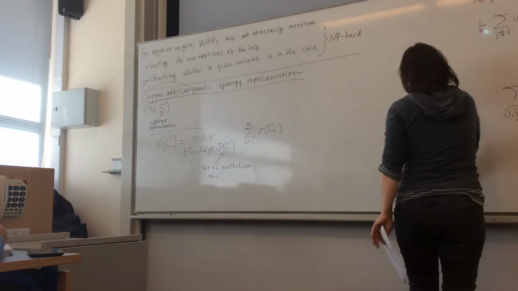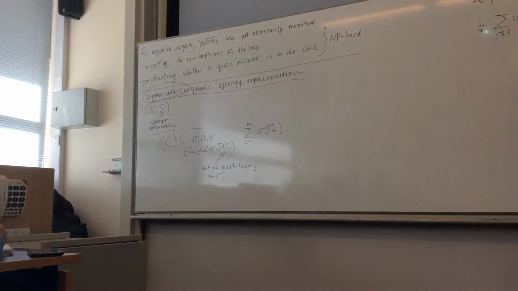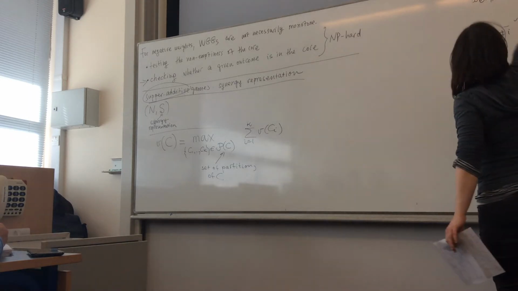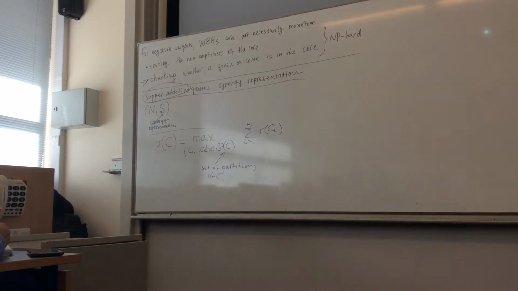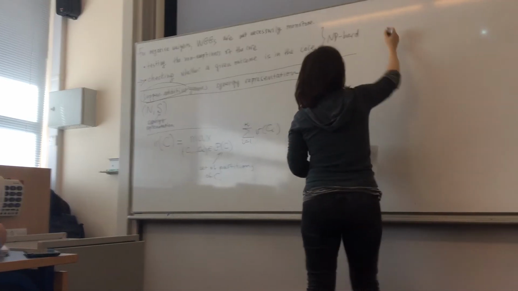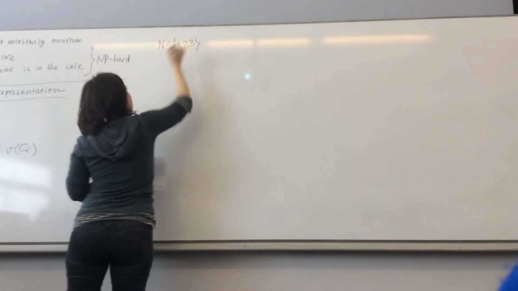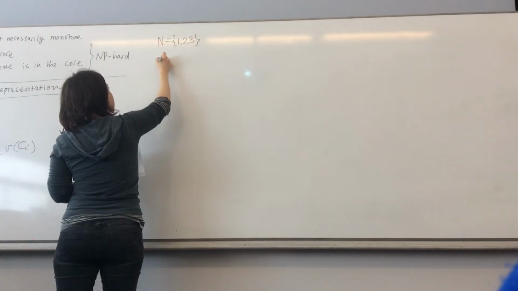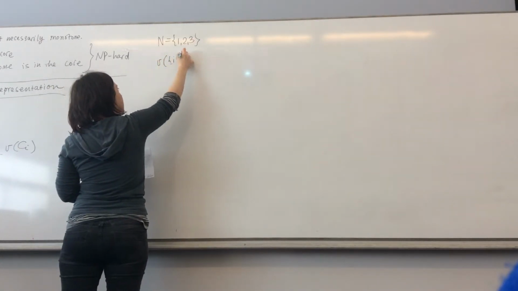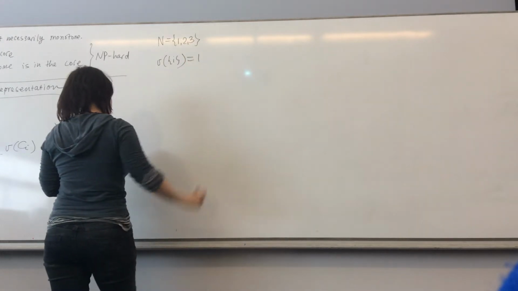So look, for instance, at this example. We have 3 agents, and the value of each singleton coalition is 1.